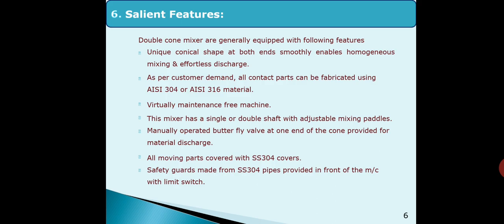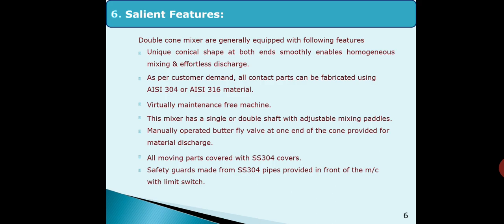Virtually maintenance free machine, that means it requires very minimum maintenance, which is negligible. The mixer has a single shaft or double shaft with adjustable mixing paddles, so the mixing speed can be adjusted properly. A manually operated butterfly valve can be used for discharging or feeding the material.